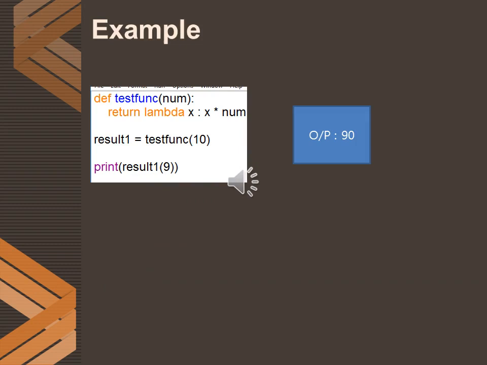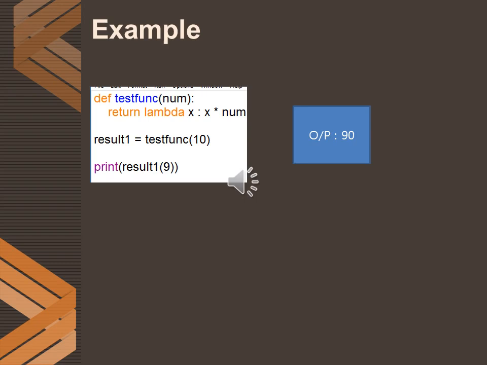So in this example we can see that we have created a user defined function, test_func is the name of the user defined function, and the parameter we passed is num here. In this function we have written only a single statement which is returning the lambda function created by the keyword lambda, and the statement inside this lambda function is x into num, where x is the argument passed to the lambda function.